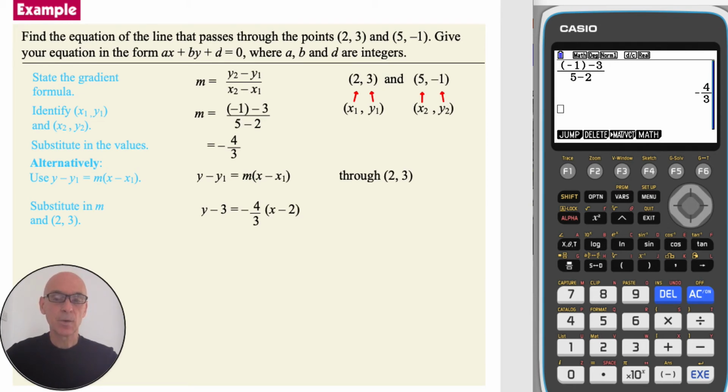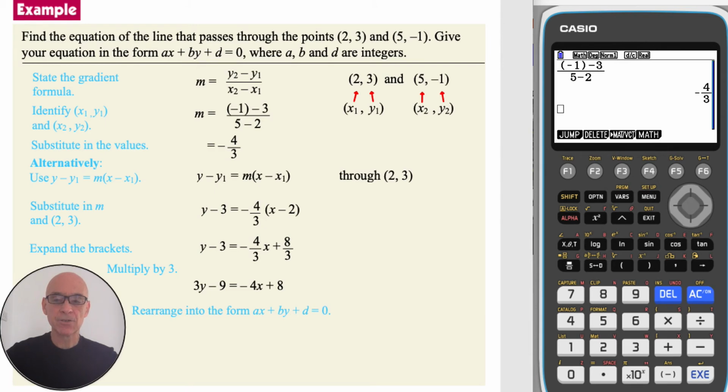To give the equation in the required form, we can expand the brackets, multiply both sides of the equation by 3, and again rearrange the equation, collecting all the terms on one side, giving the same answer as before.